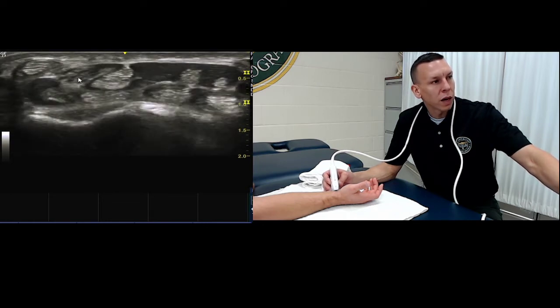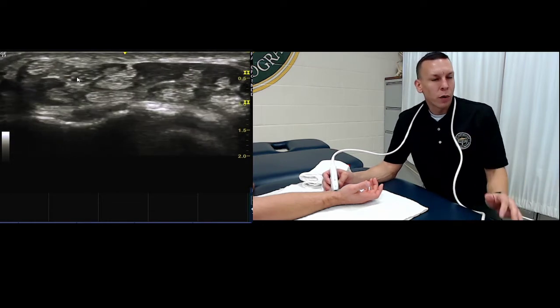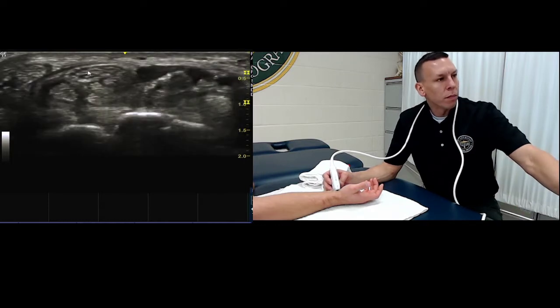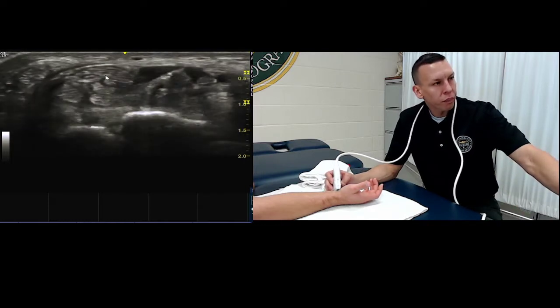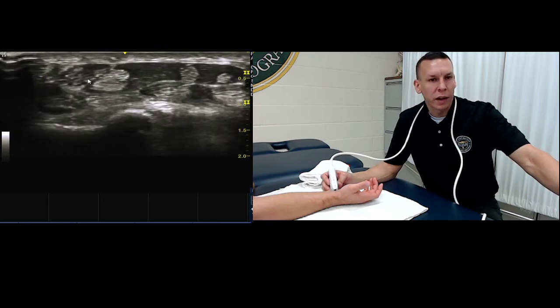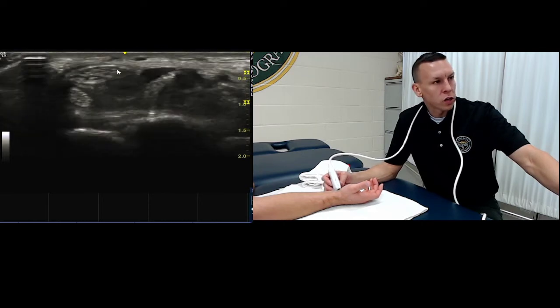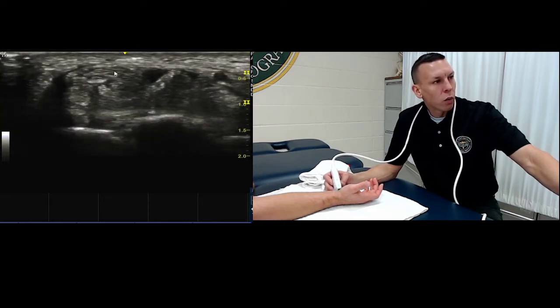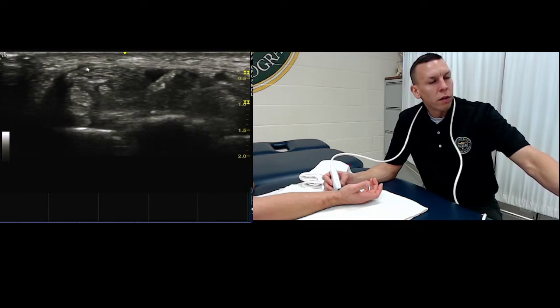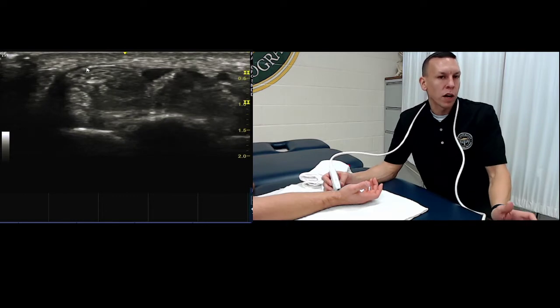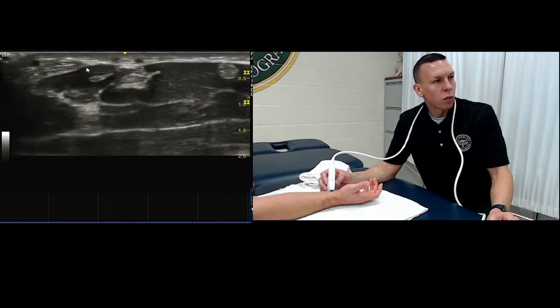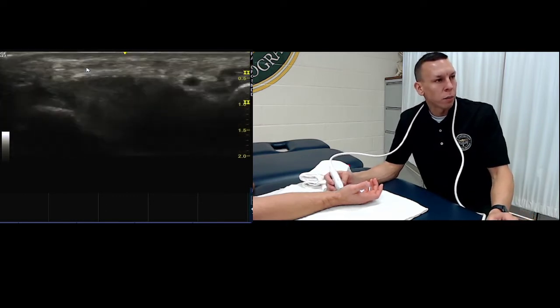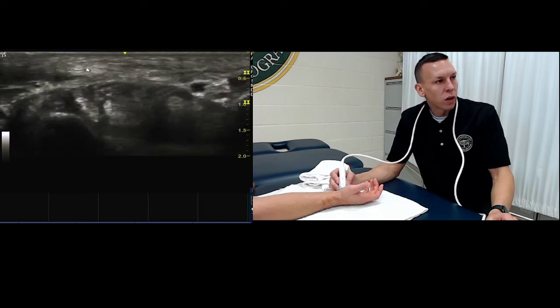It'll lose that and look a little bit more isoechoic throughout, or a little hypoechoic. That's just because the connective tissue is changing with a chronic condition. But anyway, you want to take a measurement all around there to get the cross-sectional area, and there's several normative data and good reports you can compare that to. But you want to scan that.